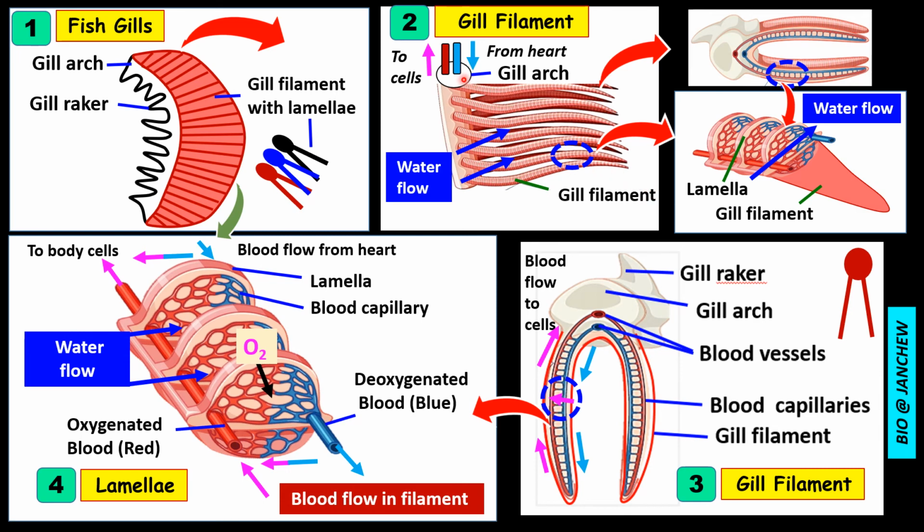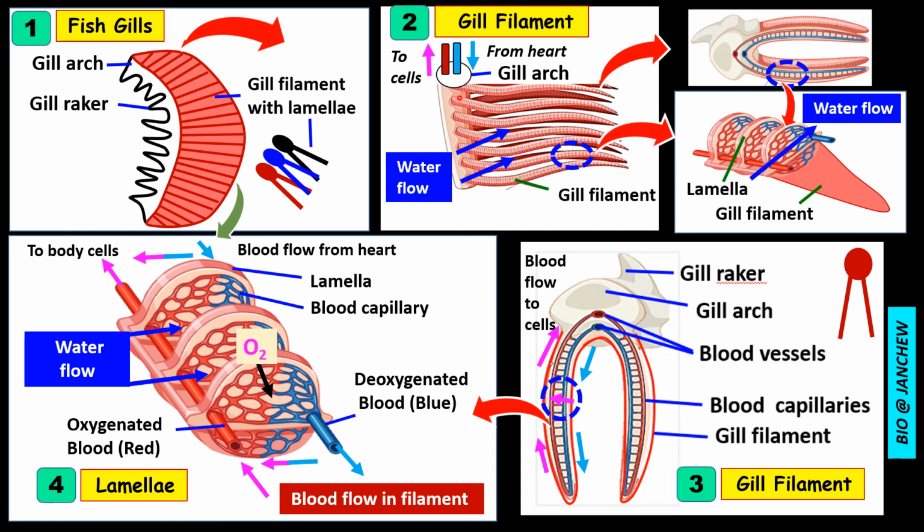Now we can see two blood vessels in the gill arch here. The blue one represents the blood vessel carrying deoxygenated blood to the gill filaments. So it flows downwards to the gill and then flows horizontally into the gill filaments.